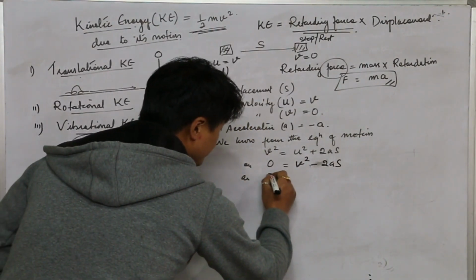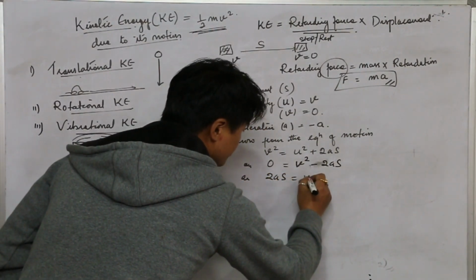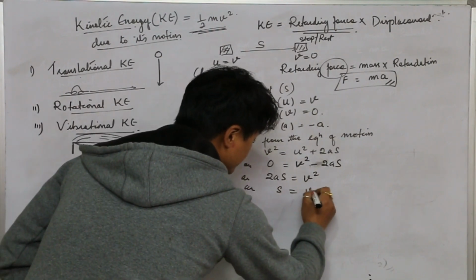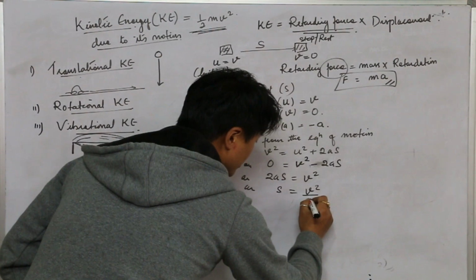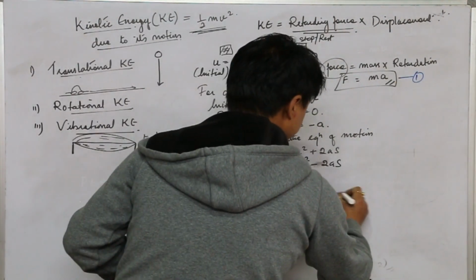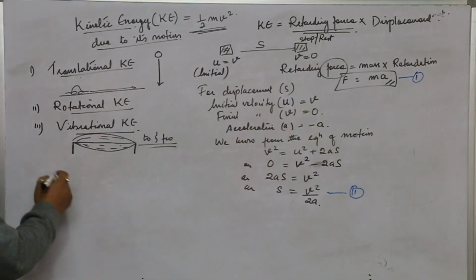Or 2as is equal to v square, or s is equal to v square upon 2a. Take this as equation 1 and this as equation 2.